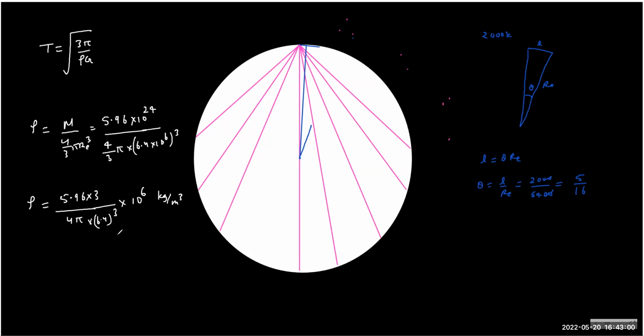So roughly the density of Earth is 5427.7. This is an average value, of course, which is like 5.5 times the density of water. So we are 5 times denser than water on an average.